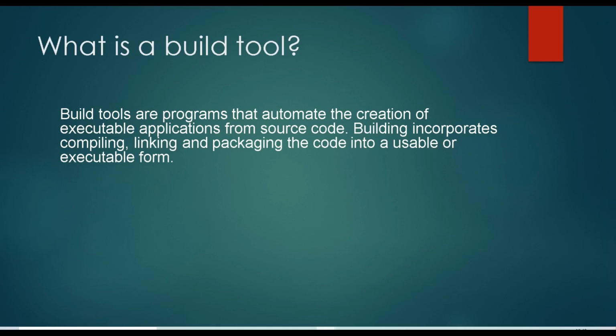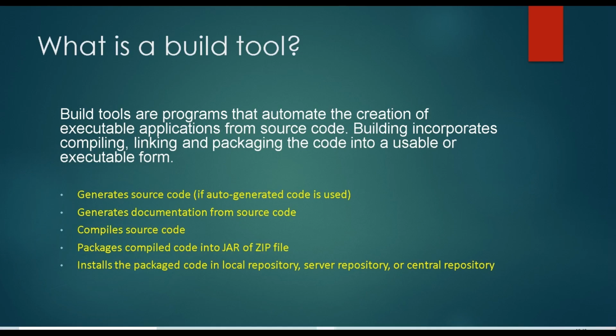That's the purpose of a build tool. So Maven is a build tool, and Maven can do that. It generates source code if auto-generated code is used. So this will help generate the source code. It generates documentation from the source code. If it generates the source code, it will help generate the proper documentation for the same.